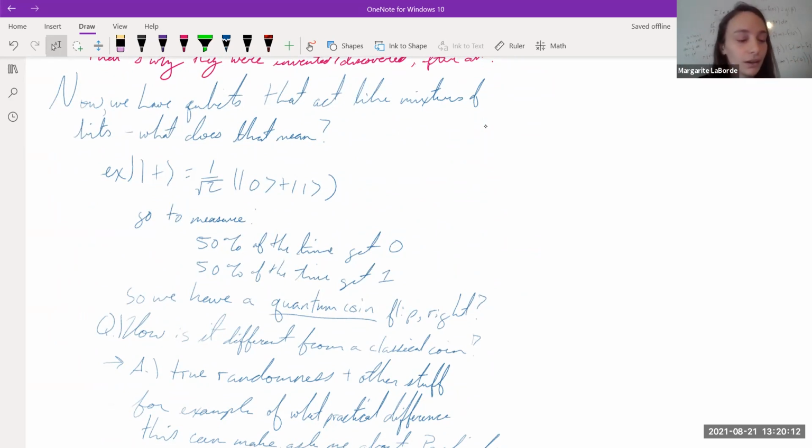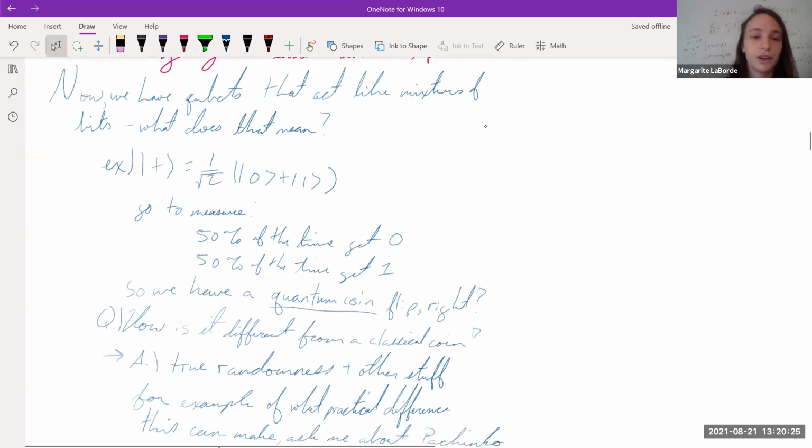But how does that actually work? If you haven't seen the probability amplitude description of quantum mechanics before, let's go through an example of how that would actually be interpreted when you go to measure something. So the pop science explanation is that a qubit is like a mix of 0 and 1.